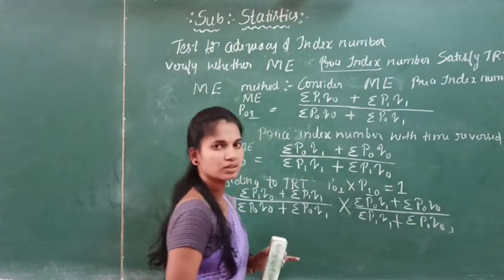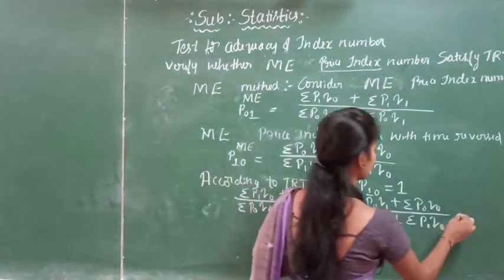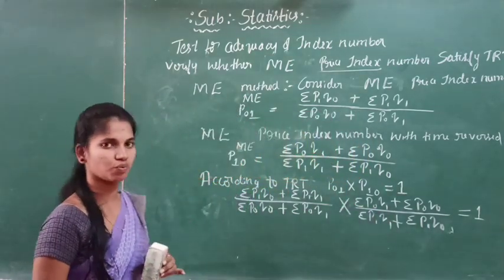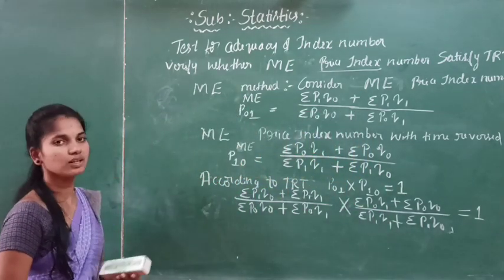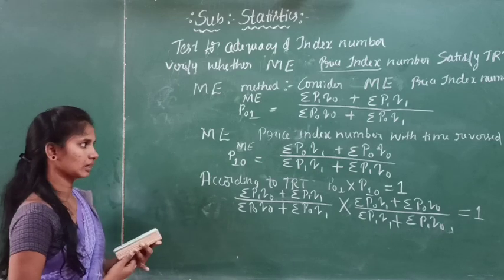We already know that the Marshall-Edgeworth price index number satisfies TRT, so it is equal to 1. This is how the Marshall-Edgeworth satisfies TRT.